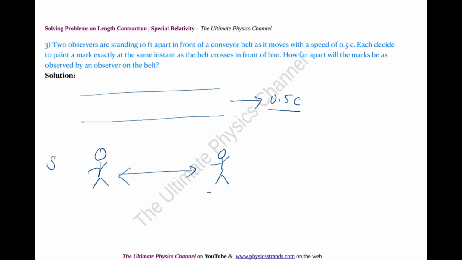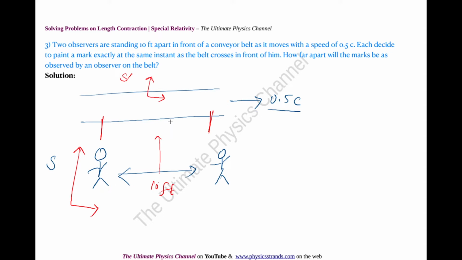So in this case, I am fixing a frame of reference where these two observers are measuring as S, and then where the conveyor belt moves as S prime. Right. Now, if the distance between the two marks that these observers make is 10 feet, as given here, what would be the distance on the conveyor belt is the question here, right?